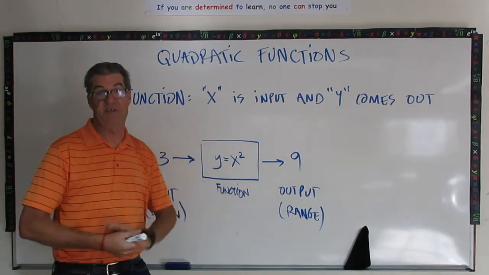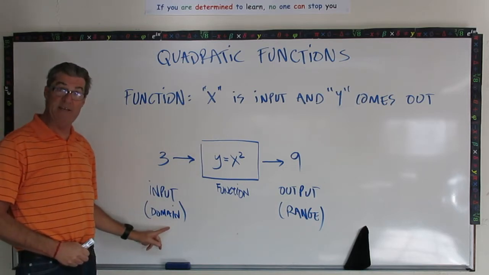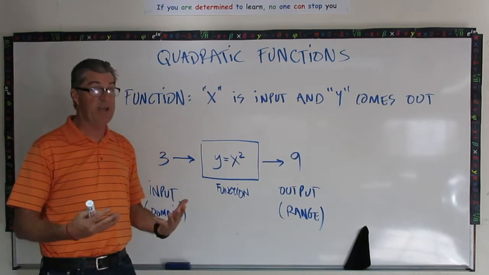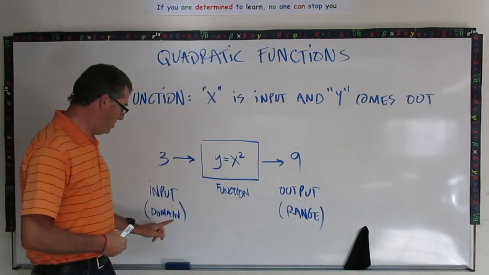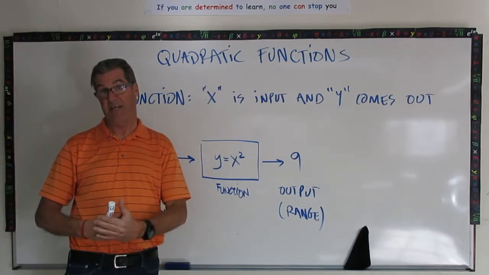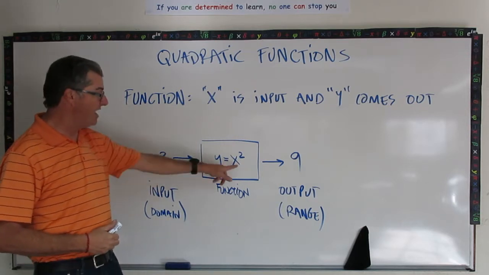Okay, 2 more pieces of vocabulary for you. The input is called the domain, and the output is called the range. Now these are just vocab words that you're going to need to know. So here's my trick for remembering. Domain, my domain. I control this thing. That's the input. I get to decide what goes in for x.